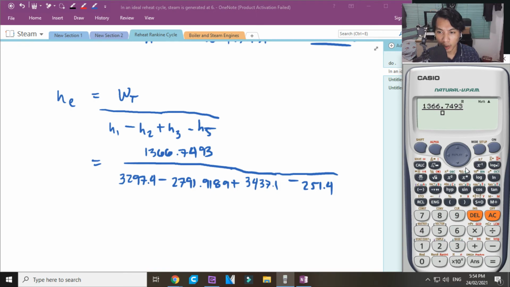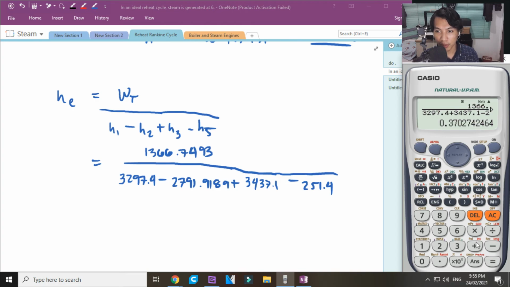1366.7493 over, add natin yung parehas. 3297.4 plus 3437.1, medyo mababa to. Minus 2791.9189 minus 251.4.